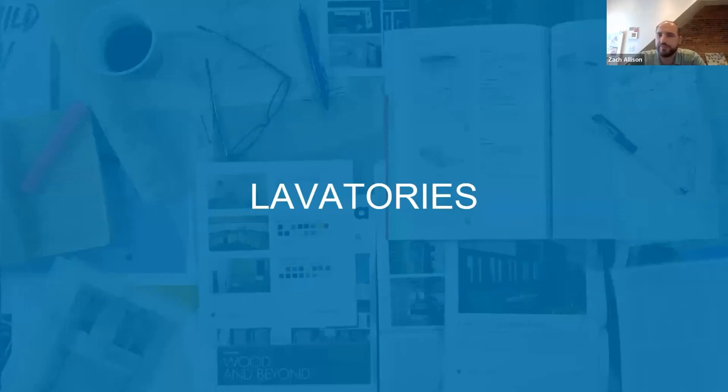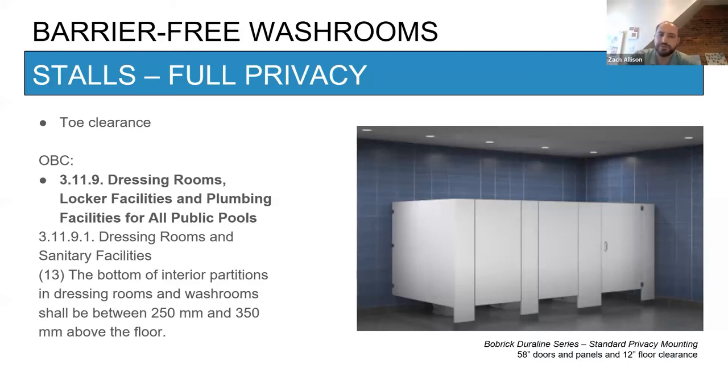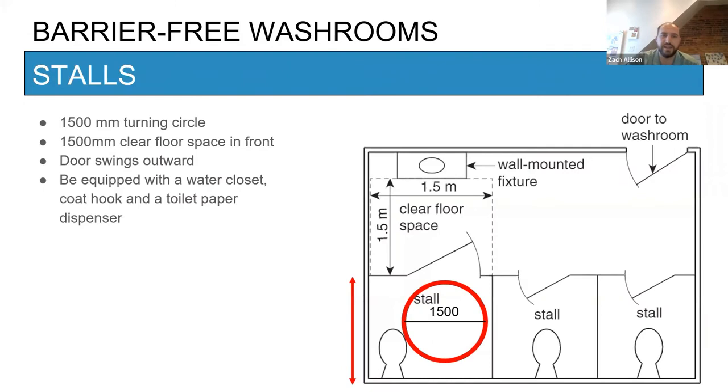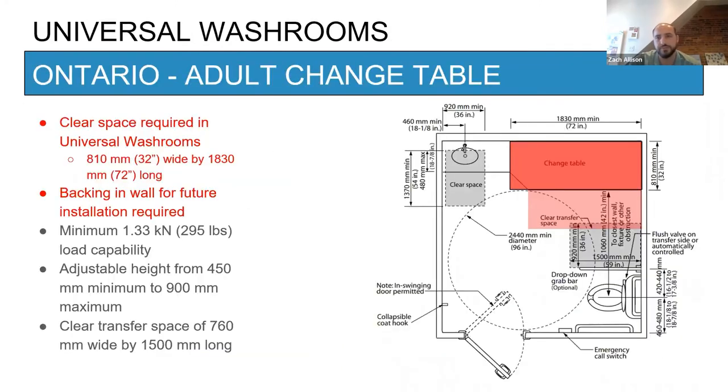We had a question back in the adult change table section, which was mostly due to clear space considerations. I think one of the important things when it comes to clear space considerations for change tables is that any nitty-gritty detail should likely be petitioned and discussed with your inspector.